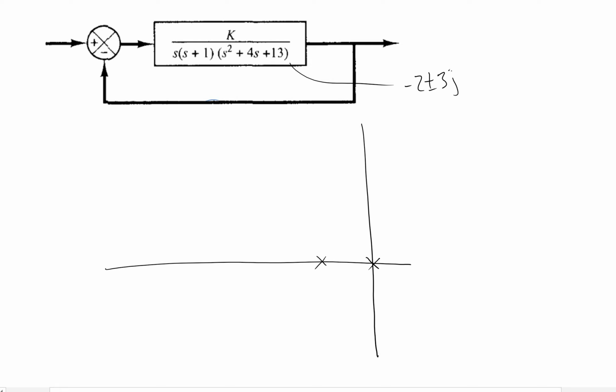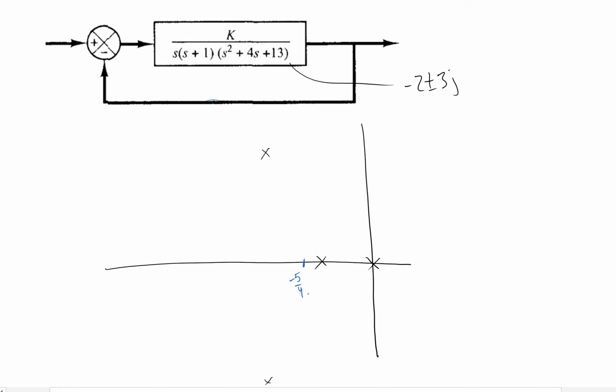So we can plot those up in here, like here and here. Then we look at where our asymptotes cross the axis. I've done the math on that also, and it is at minus 5/4.